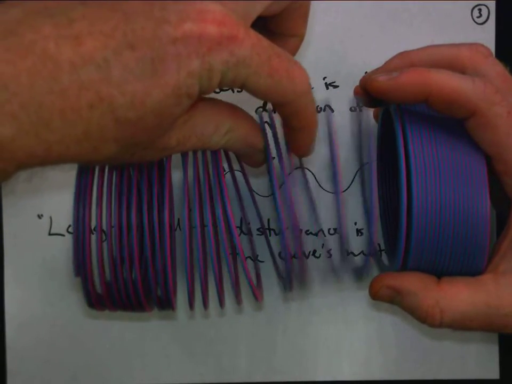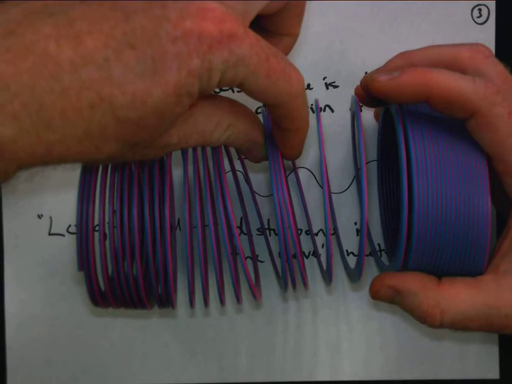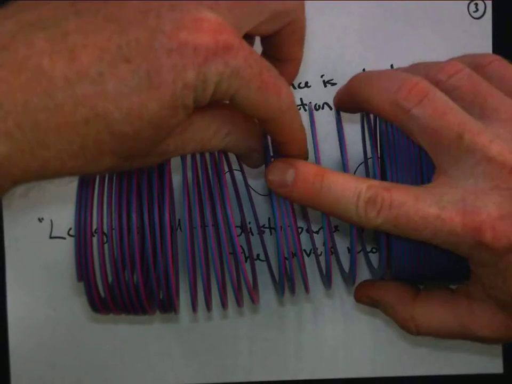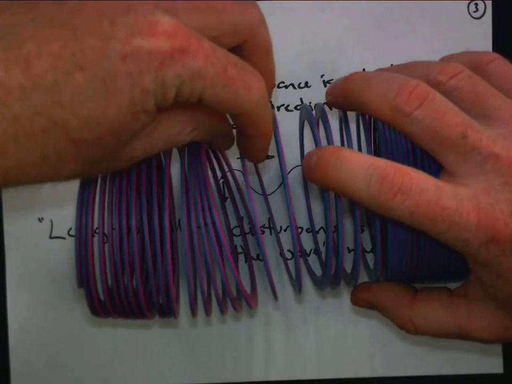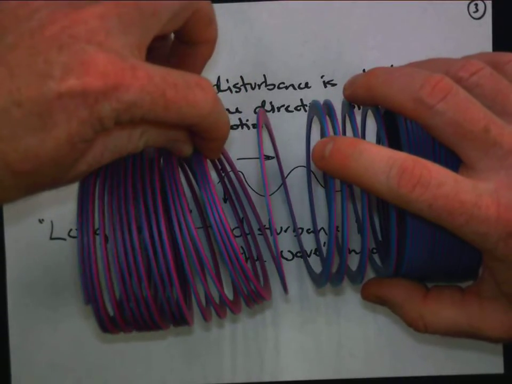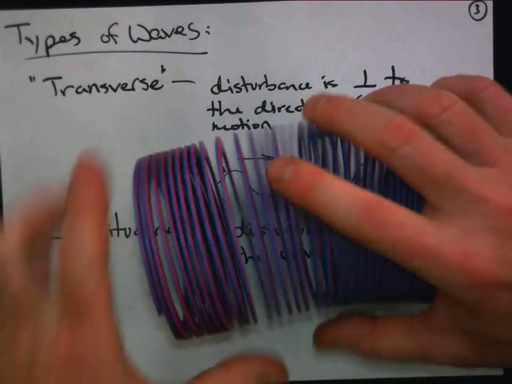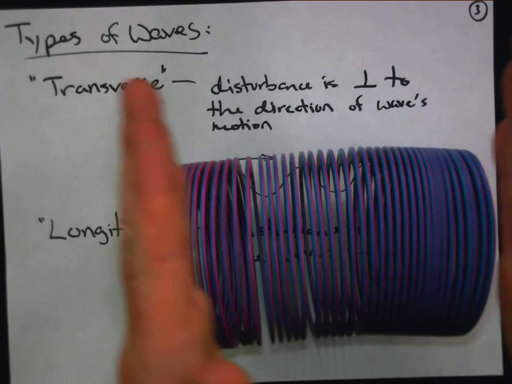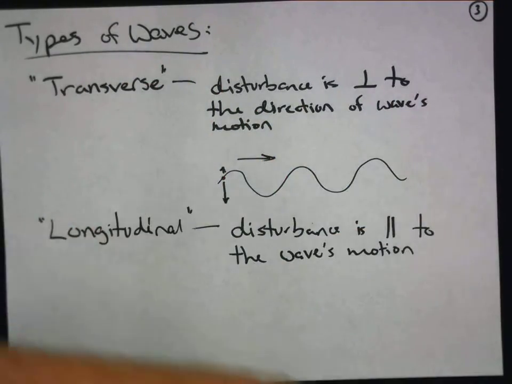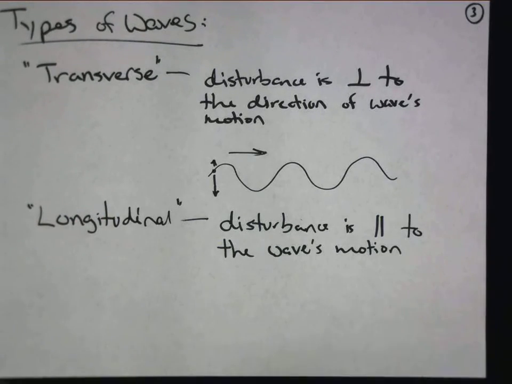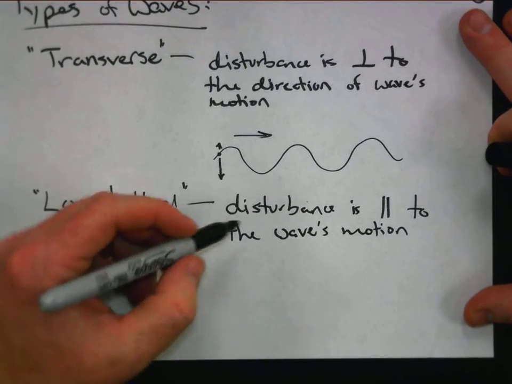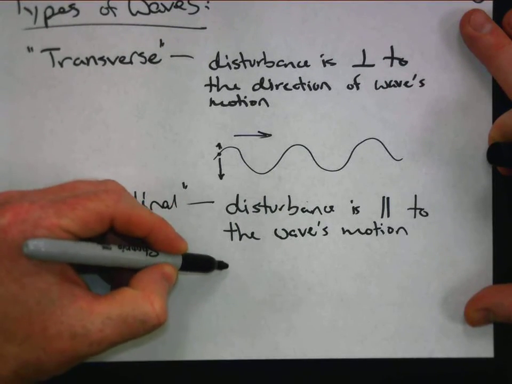And this compression right here, well, those want to expand again. And so as those expand, the coils right in front want to compress. And the compression ends up traveling down the length. But you can see also the disturbance is in that same direction. So, how do we draw that? We have some coil.